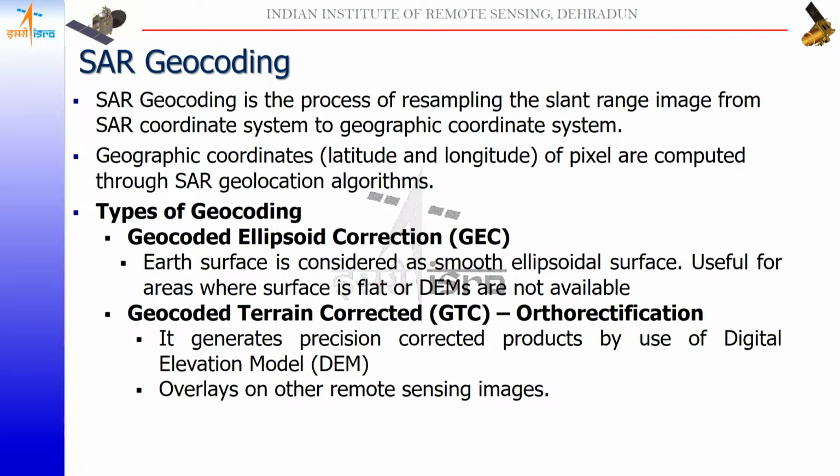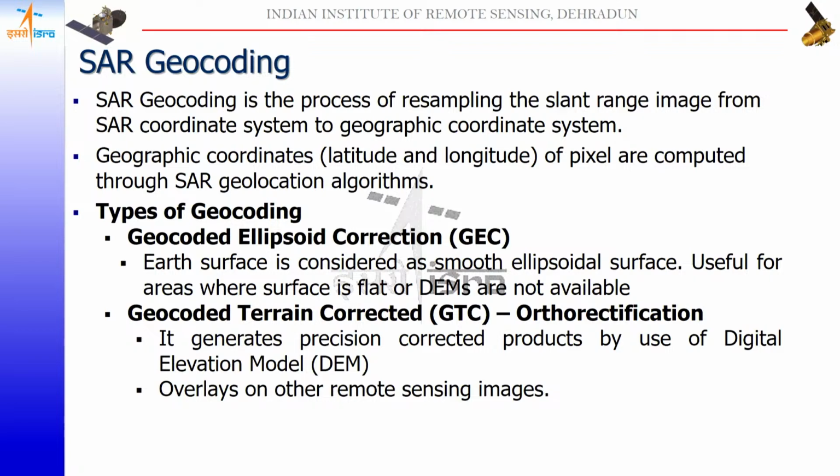The data is acquired in case of SAR in the sensor geometry, in the slant range plane. From the slant range plane, we calculate for a particular pixel what the latitude and longitude is, and that latitude and longitude information is used to project from sensor geometry to the geographical coordinate system. That process is called SAR geocoding. So there are two types of geocoding.